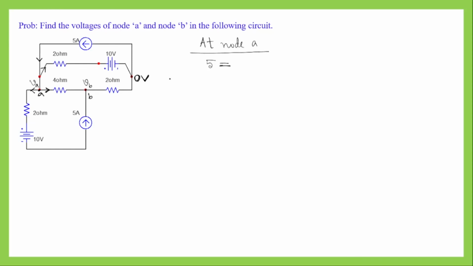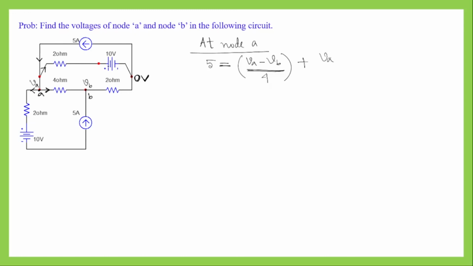So if we consider the current value, then with respect to the direction of this current, the potential difference will be VA minus VB, and that will be divided by the resistance value, which is 4 ohm. So this is the current value. And then if we consider the current of this branch, then potential of this point is VA, and then we have a voltage source.